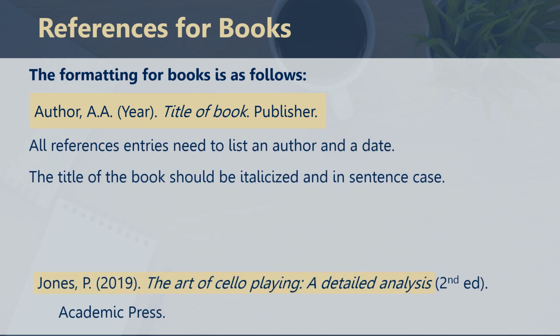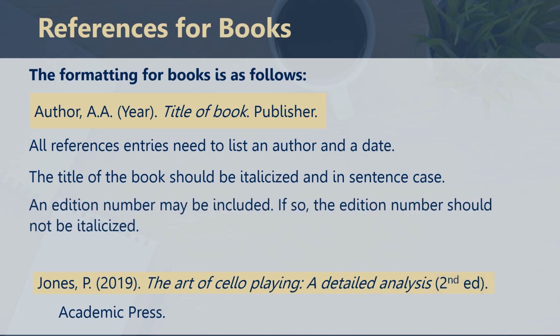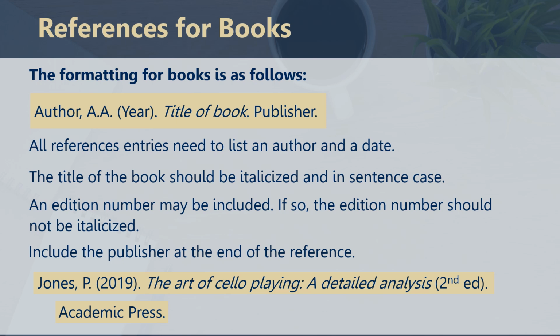The title of the book should be italicized. Make sure to place the title in sentence case. An edition number may be included. If so, the edition number should not be italicized. Finally, include the publisher at the end of the reference.